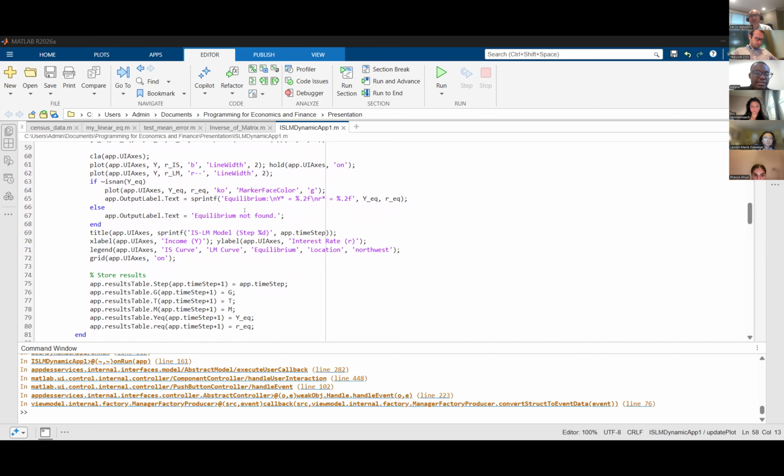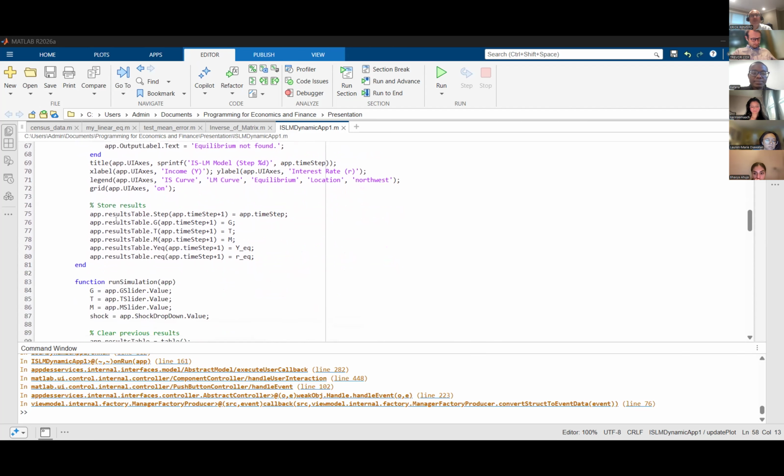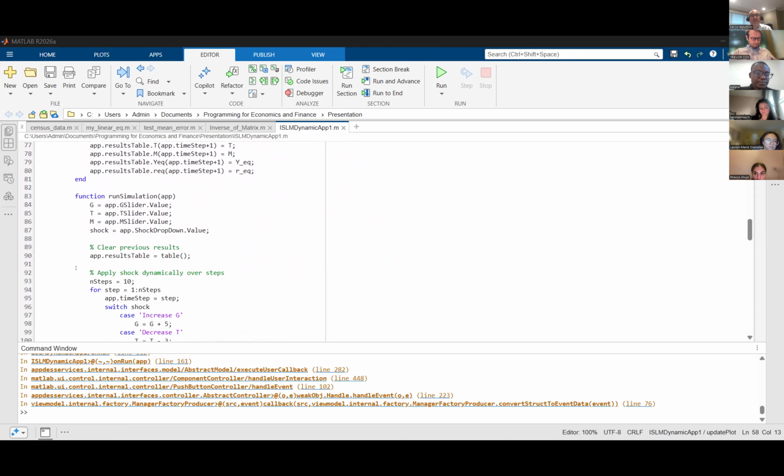Else, this is sort of like an error, saying that the equilibrium is not found. And then these are just the titles of the plots and all that. And then the results are stored here.